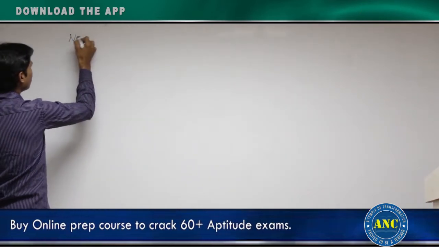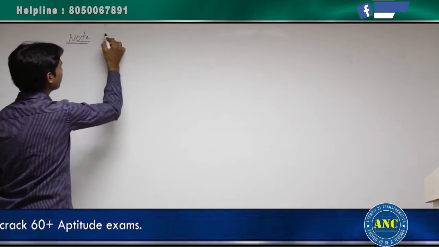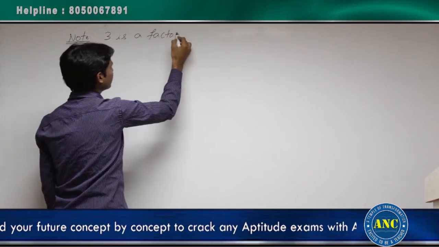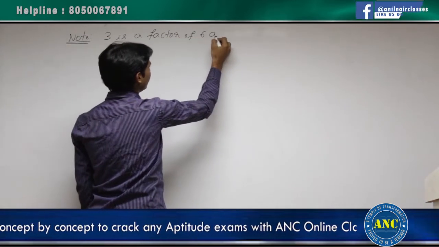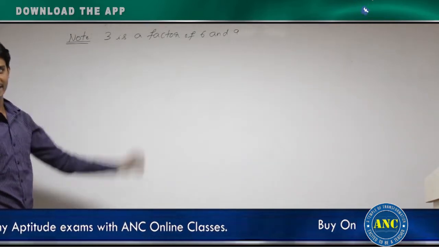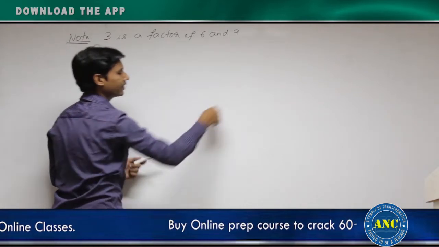Suppose I take a statement: 3 is the factor of 6 and 9. Now 3 is the factor of 6 and 9 actually, right? Now what is the meaning of this statement? 3 is the factor of 6 and 9.